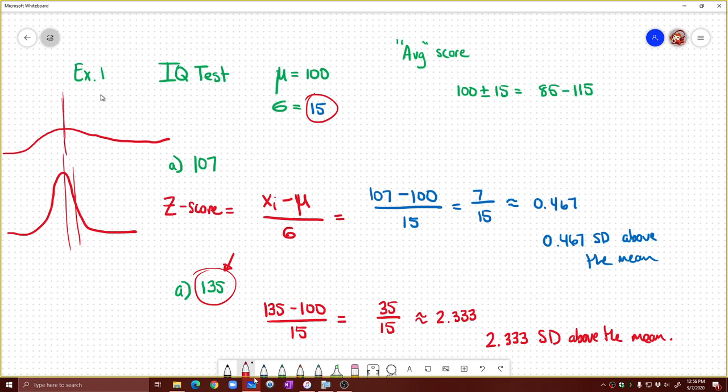Versus here, I might have to go further away in order to be deemed significant. So that's what we start to see here. Okay, now I have a way to look at an individual within a distribution and determine, is this a significant point, or is it something that is more common, which would be considered part of the group, so to speak.